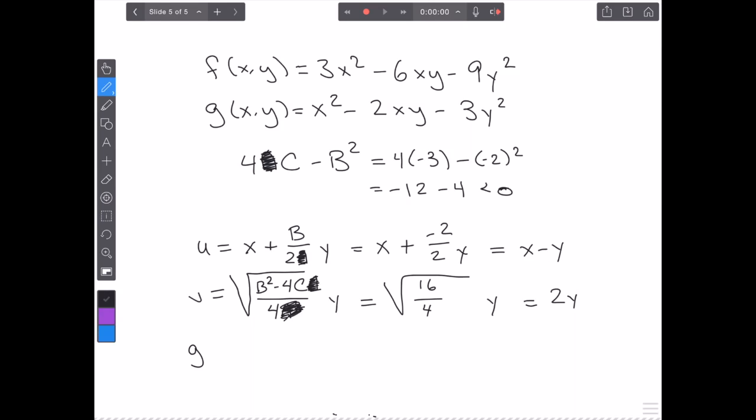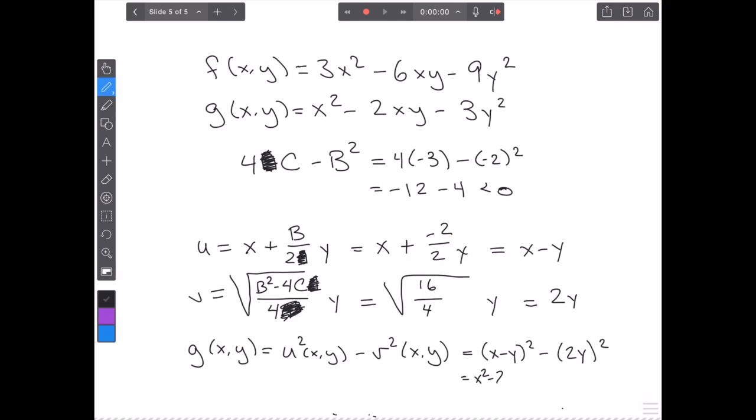Okay, so now if we go back, we can see that g of xy is equal to u squared of xy minus v squared of xy, where u is equal to x minus y, and we square that, and then we subtract off 2y quantity squared. So let's go ahead and multiply all of that out, just to make sure we did everything correctly. You can always check your work on these problems by multiplying out the polynomial.